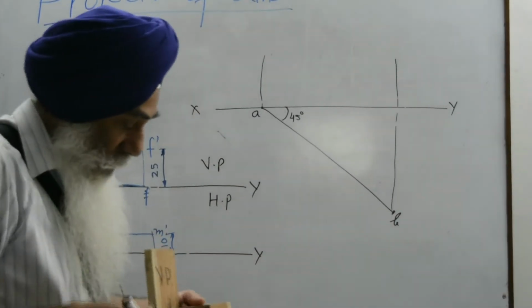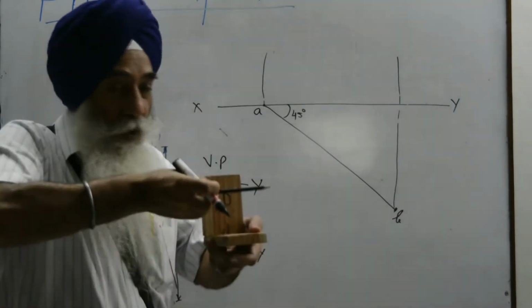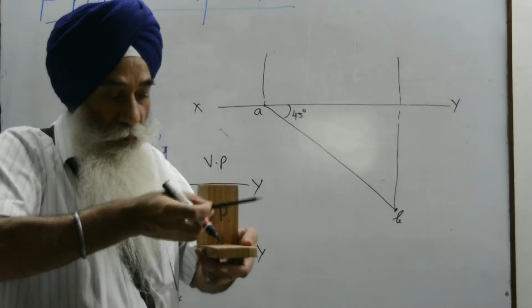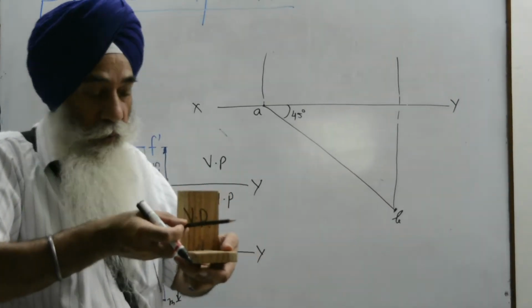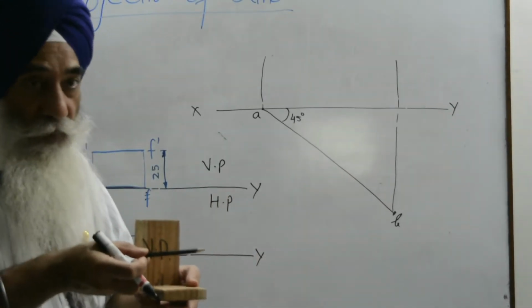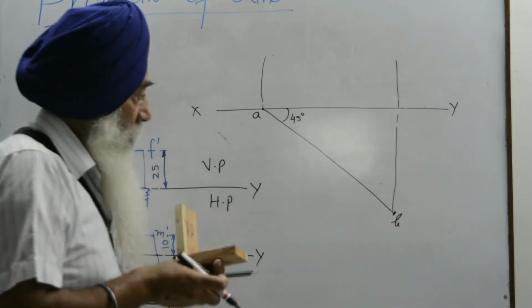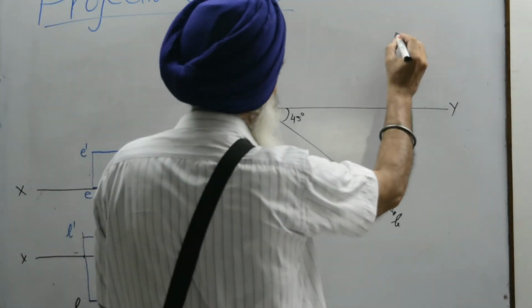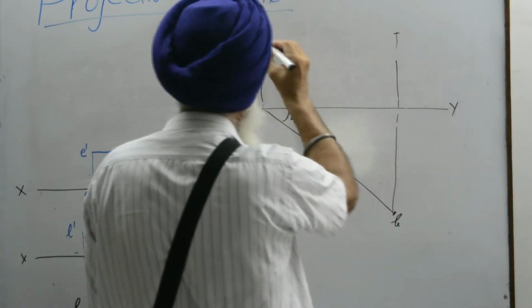Now, how much is the distance above the horizontal plane? This distance you take, say it is 45 millimeters. You cut over this distance as 45 millimeters.